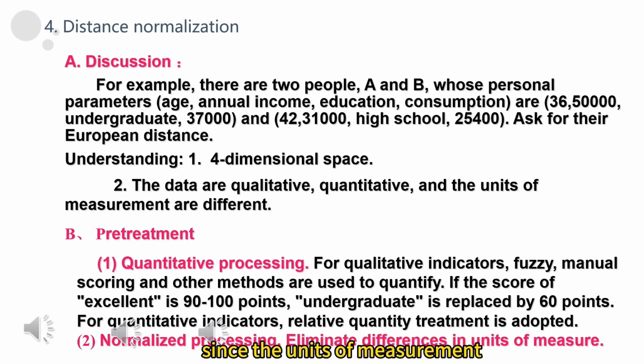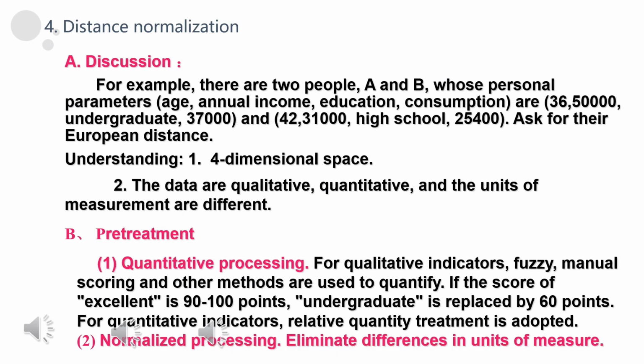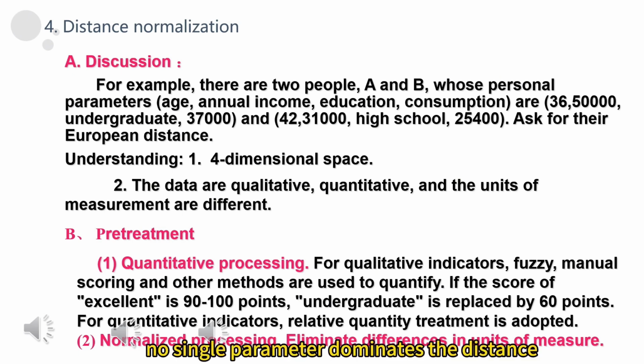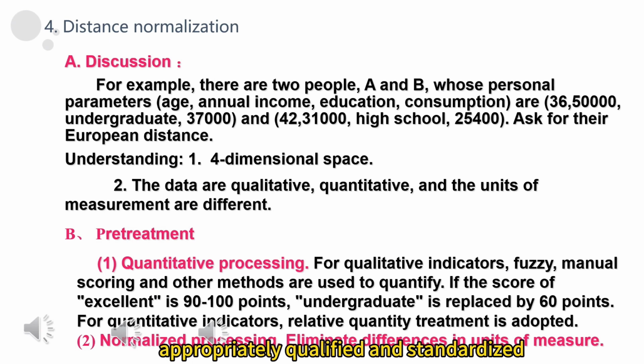Since the units of measurement for the different parameters are different, we need to eliminate these differences. Normalization is used to bring all the values onto a common scale. It ensures that no single parameter dominates the distance calculation due to its larger magnitude. By performing these pre-processing steps, we can ensure that the data is appropriately quantified and standardized, thus removing the impact of varying units.